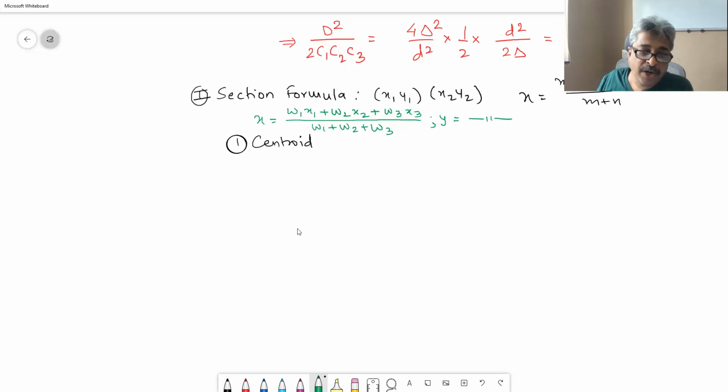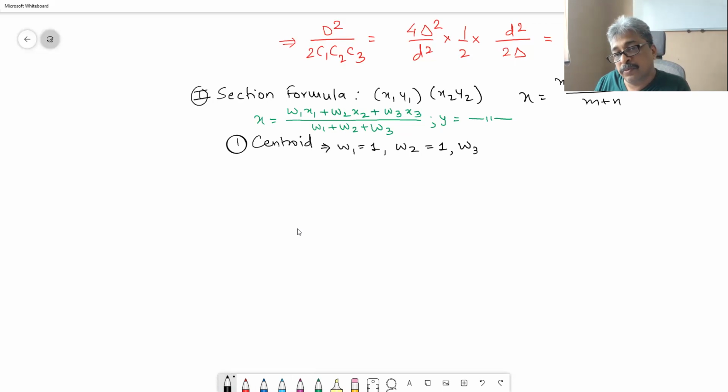Okay, so for the centroid, our weightage is... We have done this in 9th standard.